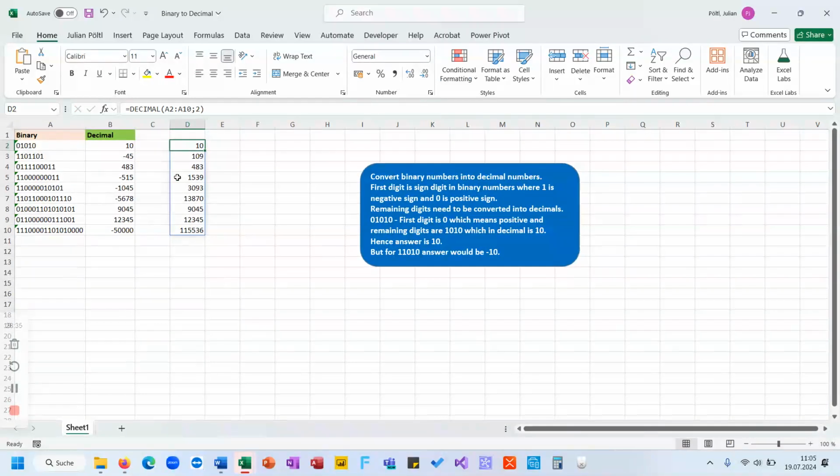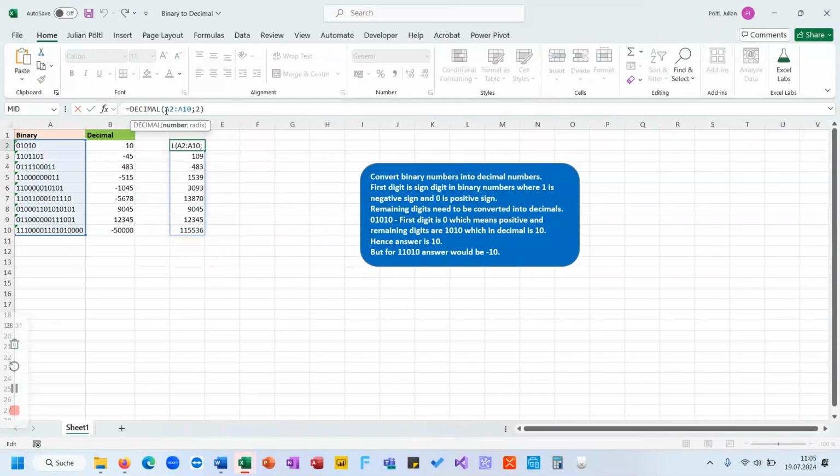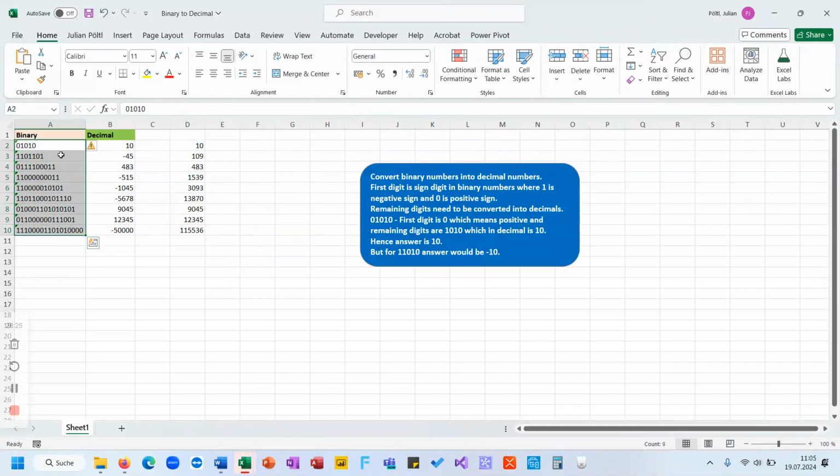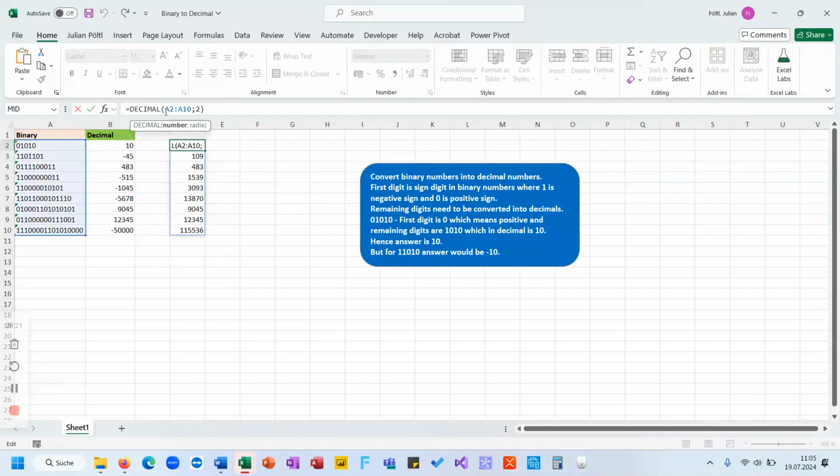But here we have to do something differently, because we need to ignore the first character. So we have something like RIGHT. So we use that function here.